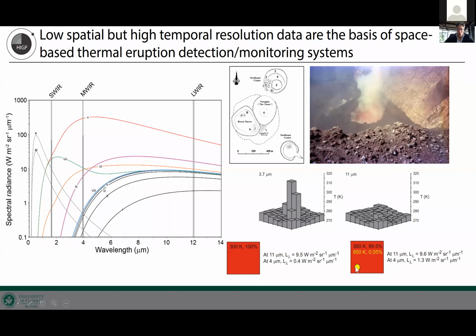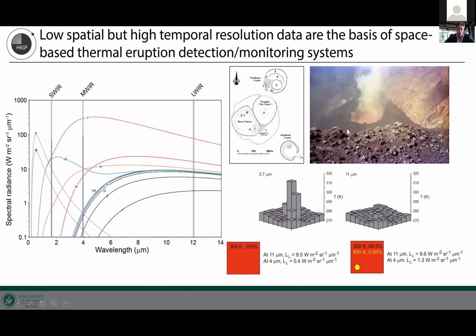If I add a small hot thing at 850 Kelvin, which occupies 0.05% of the pixel, you'll see the radiance at 11 microns barely changes. It goes up from 9.5 to 9.6. But the radiance at 4 microns goes up from 0.4 to 1.3. It triples. It goes from here up to here, right? So that's why we use 4 micron data.